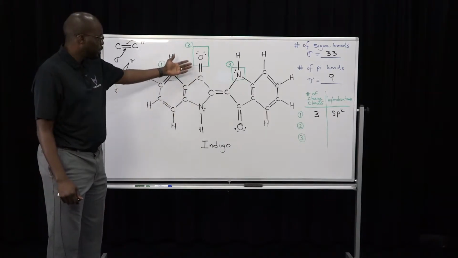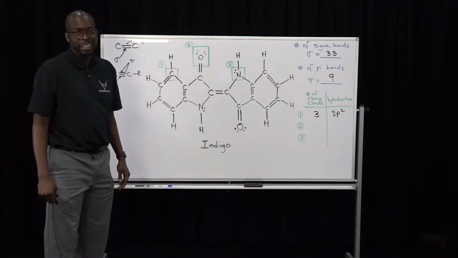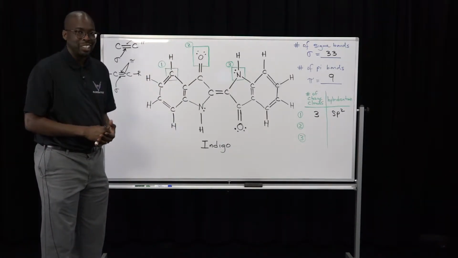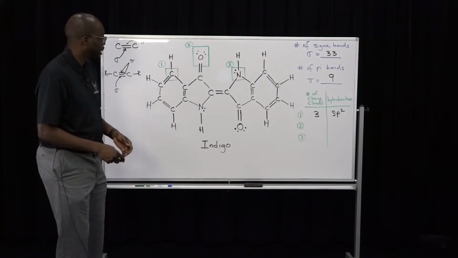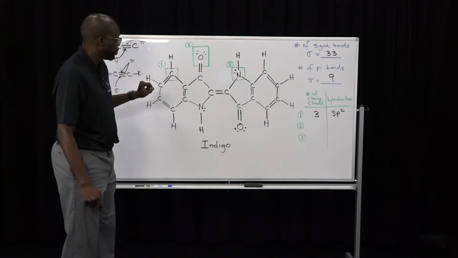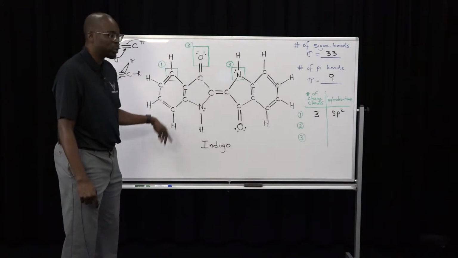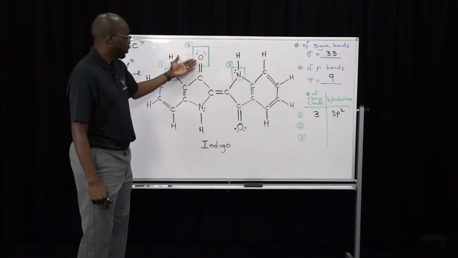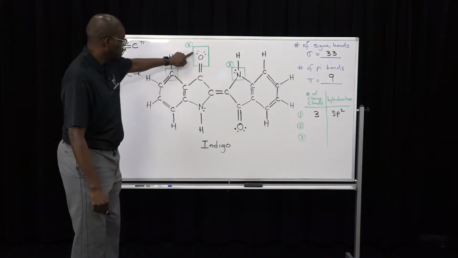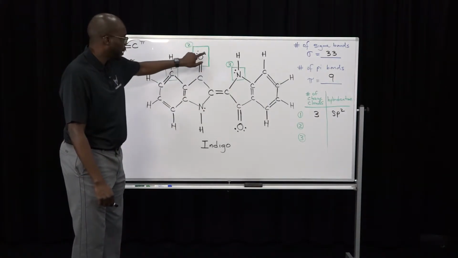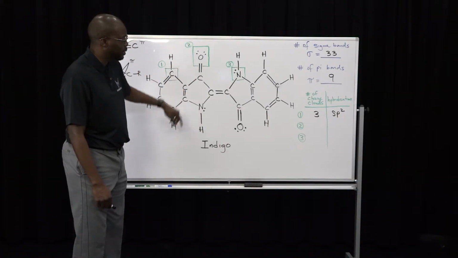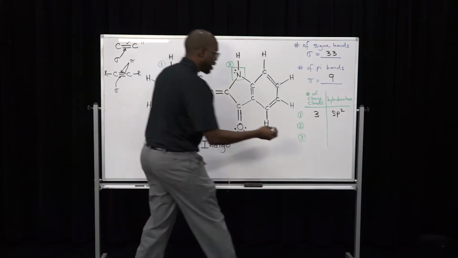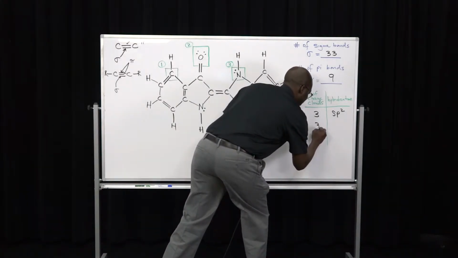Well, as you can see where the lone pairs are, they're still considered to be areas of electron density or charge clouds. Okay? Much like number 1, number 2 also has 3 charge clouds. Okay? One set of lone pairs, the other set of lone pairs, and also this double bond between the carbon and the oxygen. Okay? So we still have 3 charge clouds.